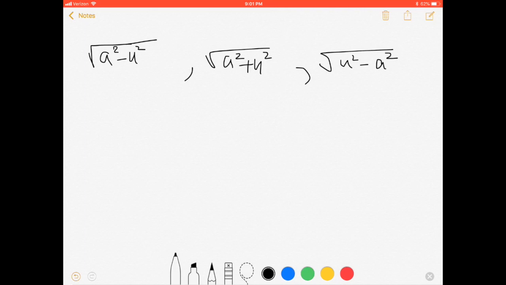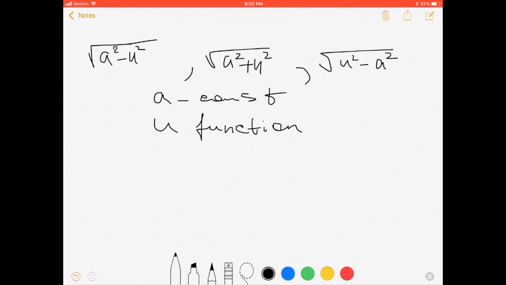For this kind of situation, where a is some constant and u is some function, you can use trigonometrical substitution and solve your integral like a trigonometrical integral.